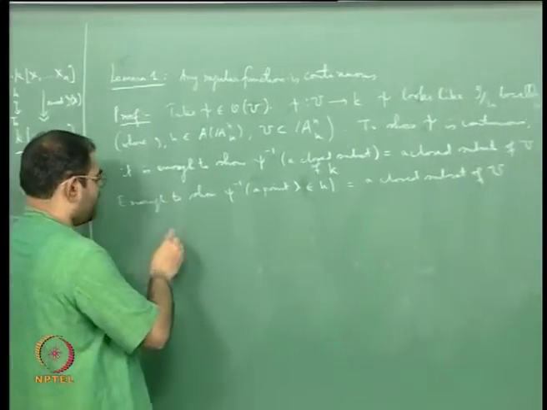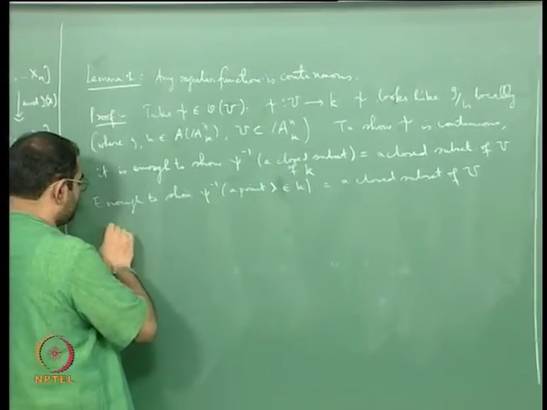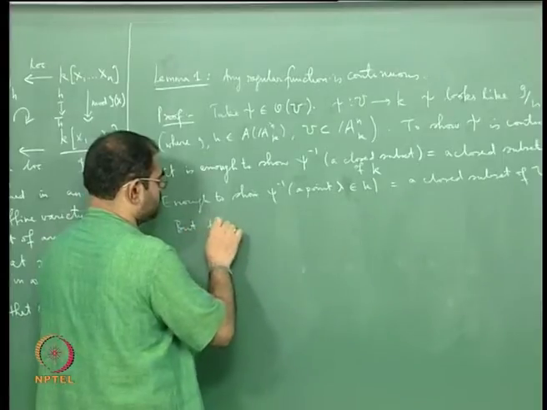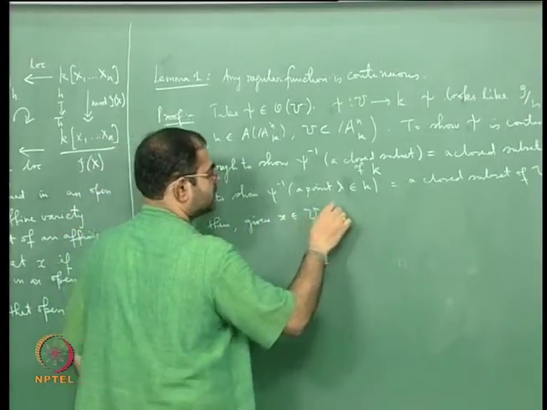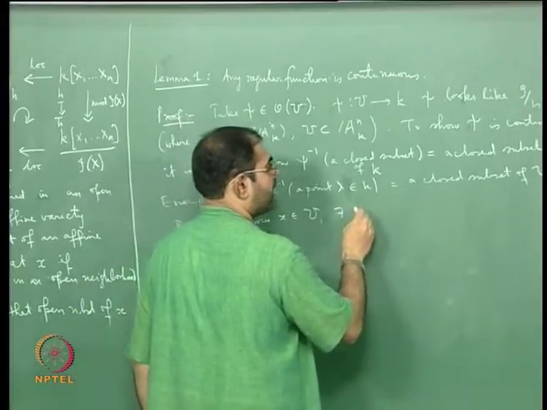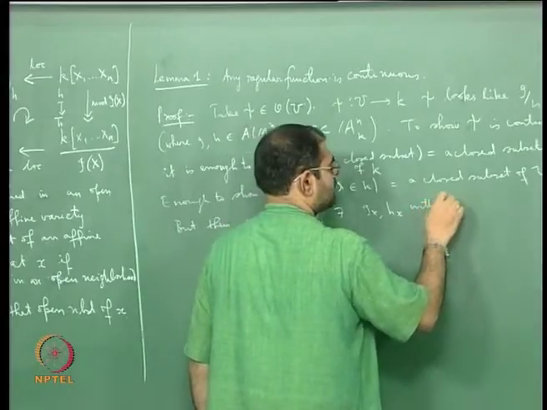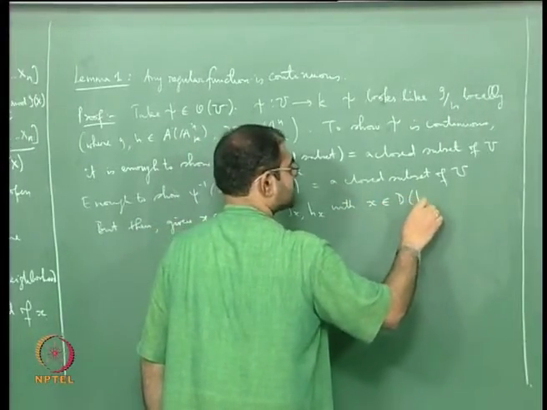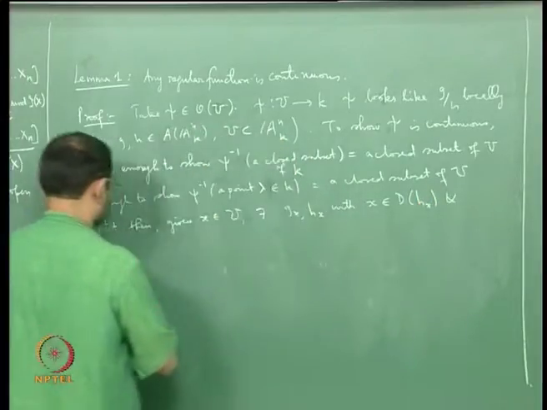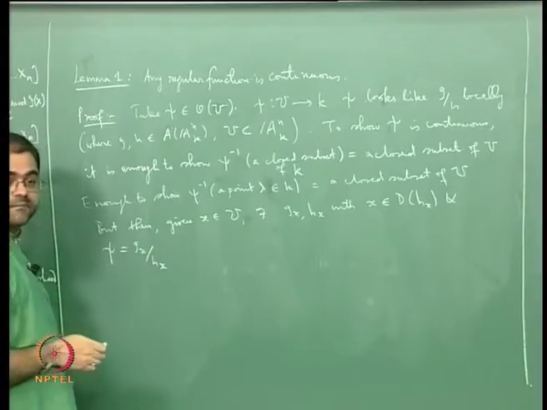But you see, given x in U, there exist g_x, h_x with x belonging to D(h_x), and psi is equal to g_x by h_x, okay.